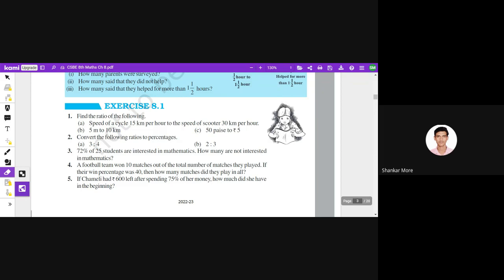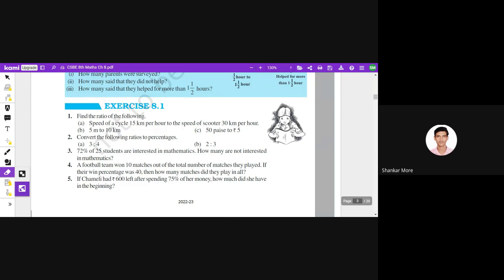Convert the following ratios to percentages. For the first one given, find out its percentage. 3:4, that is 0.75.